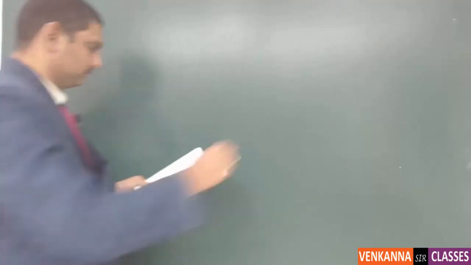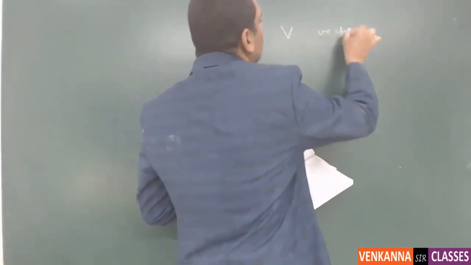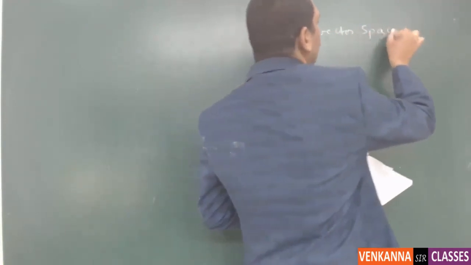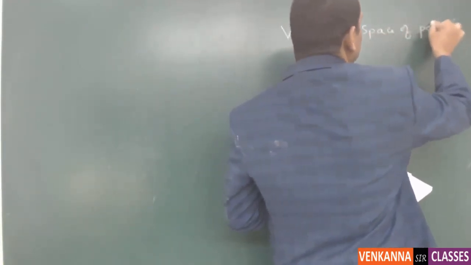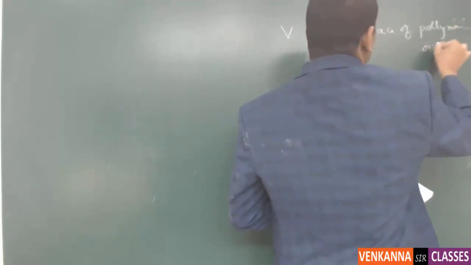In that, you have taken a subspace which contains these two, the plane as well as the line. Now, I took V as the vector space of polynomials over R.